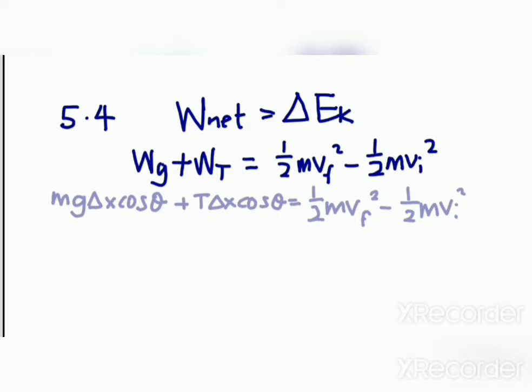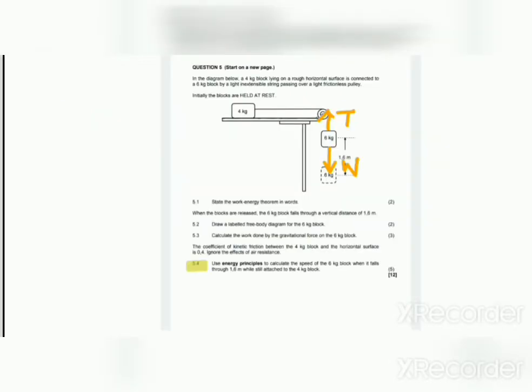And we know that vi is our initial velocity and the question states that initially the blocks are held at rest. So our initial velocity is going to be 0.